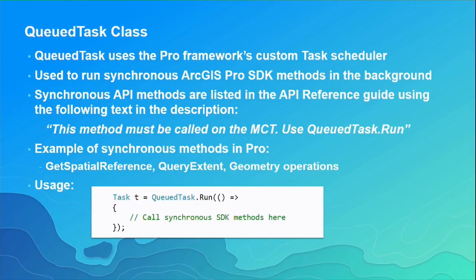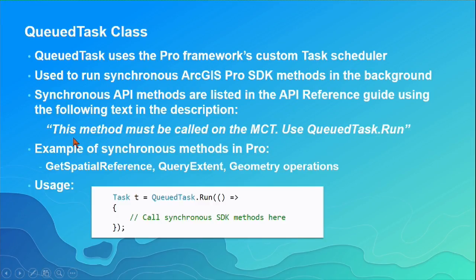So QueuedTask uses the Pro Framework's custom task scheduler, and it's used to run synchronous ArcGIS Pro SDK methods in the background. All synchronous API methods are listed in the API reference guide using the following text in the description, and we'll see that in the upcoming sample.